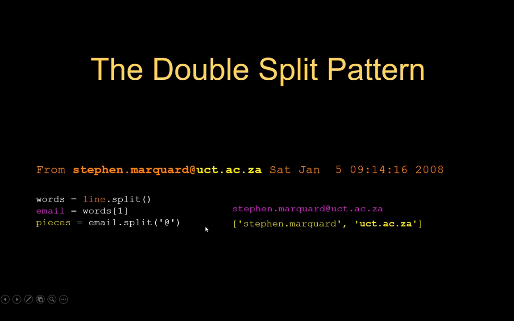So this is the second split that we use. And now we're going to use the value in position 1, which is the domain name that this email has been received from. So this is how we use a double split to take a specific part of an email address out of a text.